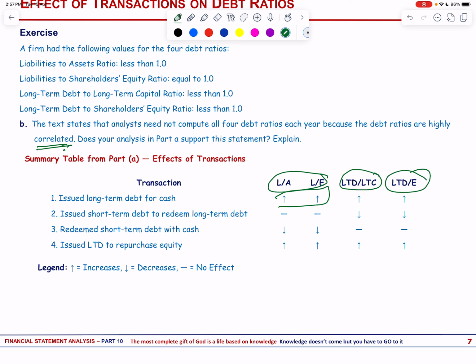This means that while analysts might not need to compute all four ratios every year, relying on just one may miss important details about the firm's debt structure, particularly during strategic financing or refinancing actions.